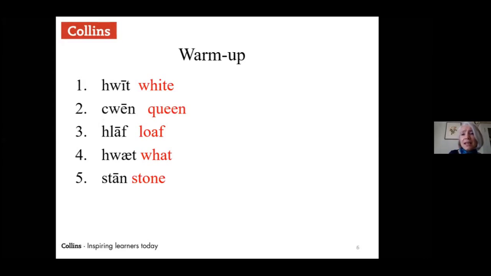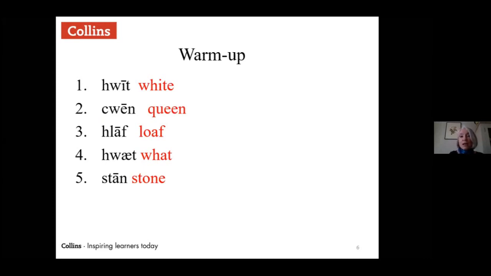What can you see? What are the main differences that you notice between English as it was 1,000 years ago and English as it is today? What are the main things that you notice? For example, in the first one, wheat, which has become white, there are two main changes.